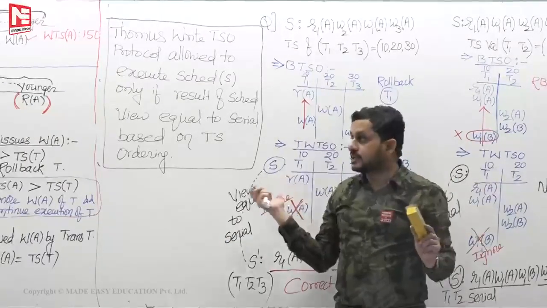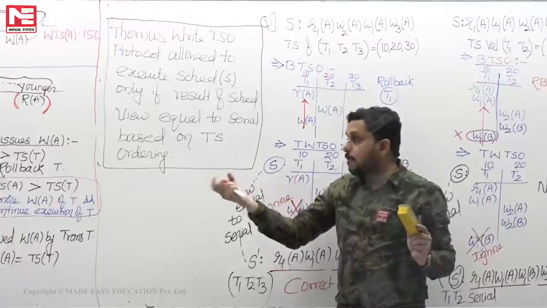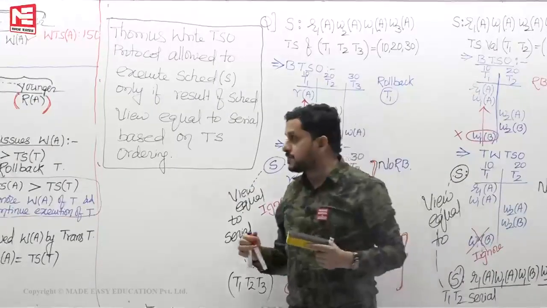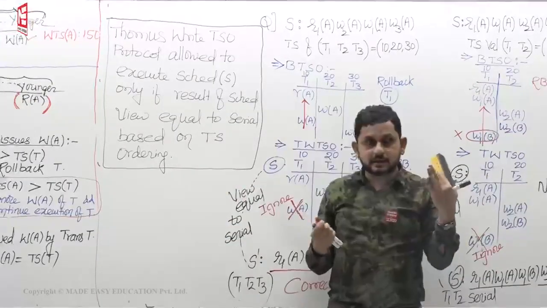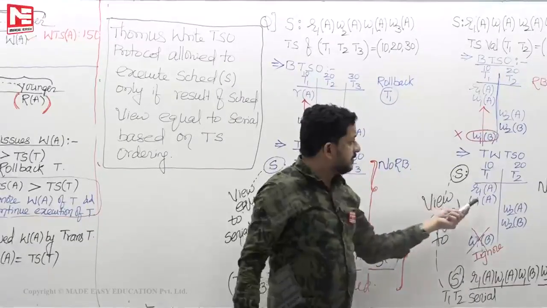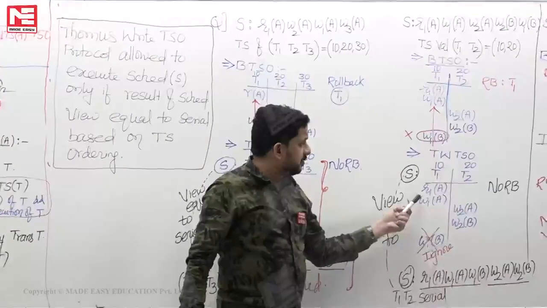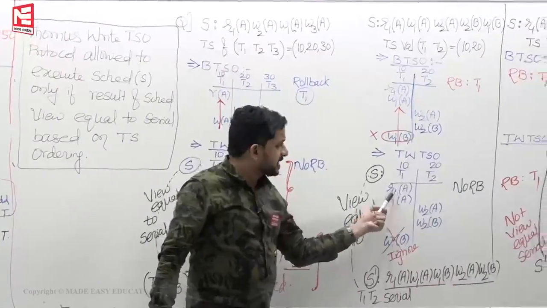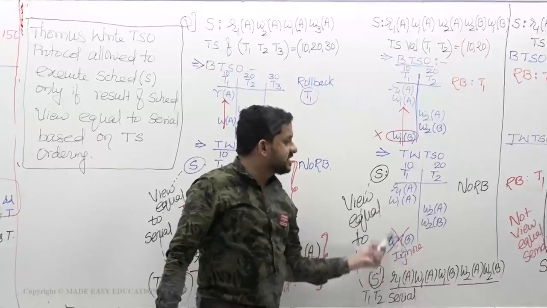These are a little more complicated conditions. If you observe, we didn't use the protocol conditions while solving the problem. We were able to solve the problem just by using the read and write sequence.